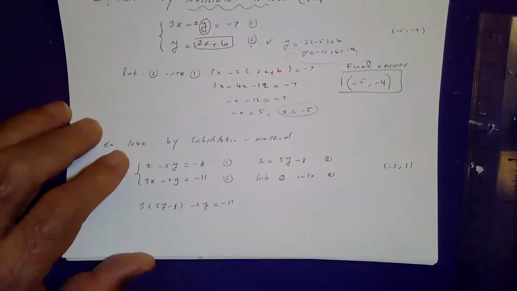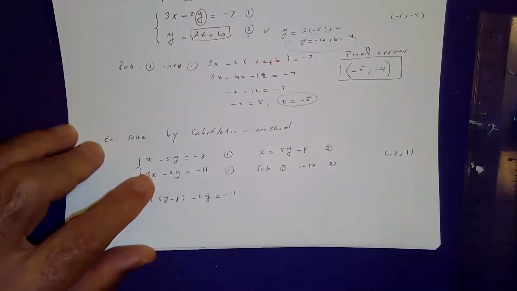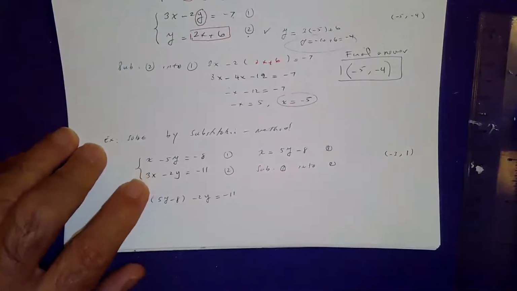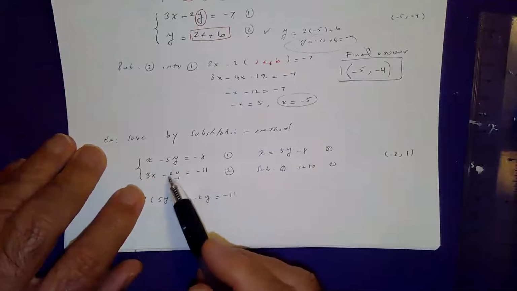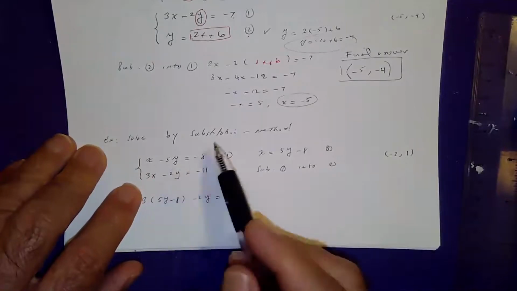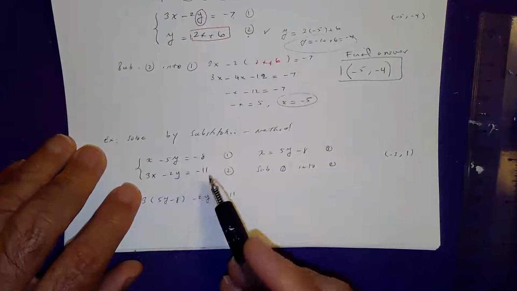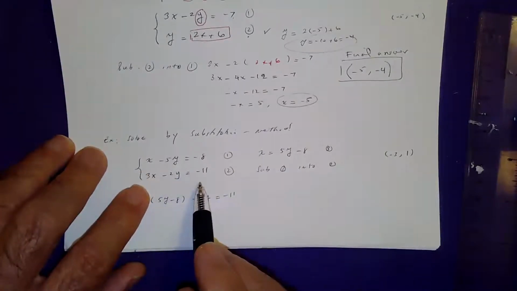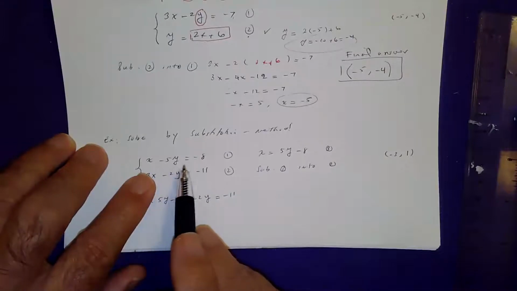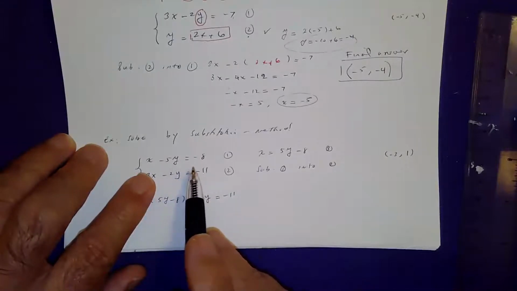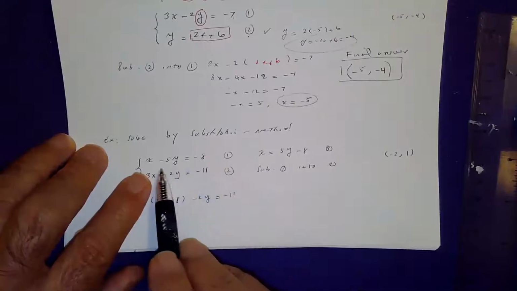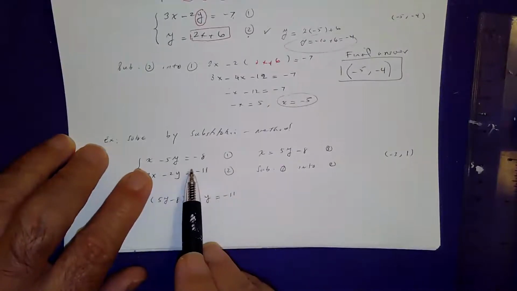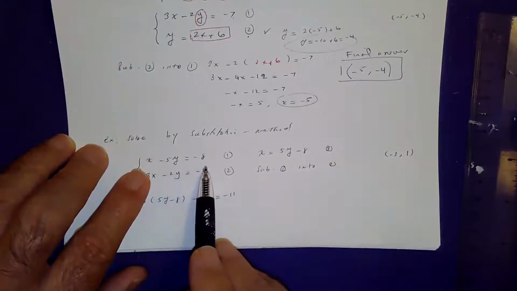Final answer. Question is, what if one of the equations is not solved for a specific variable? Well, in that case, pick your favorite equation and solve that equation for your favorite what? Letter. In this case, notice neither of the equations are what? Solved for x or y. So I'm going to take equation number 1. Remember, you could have taken equation number 2, but I'm going to always look for an equation which is easier to solve for. Because x doesn't have a coefficient, so I'm going to take equation number 1 and solve this equation for x.